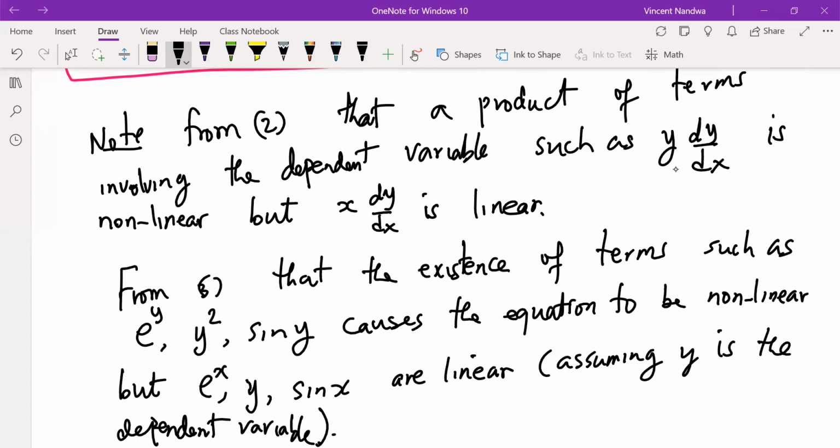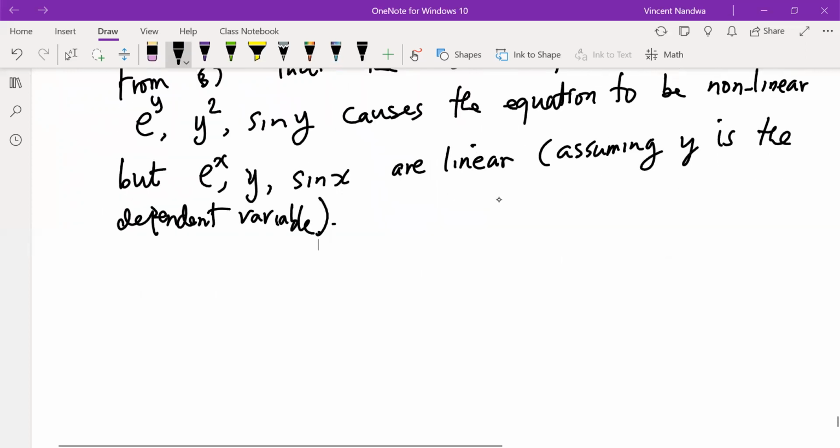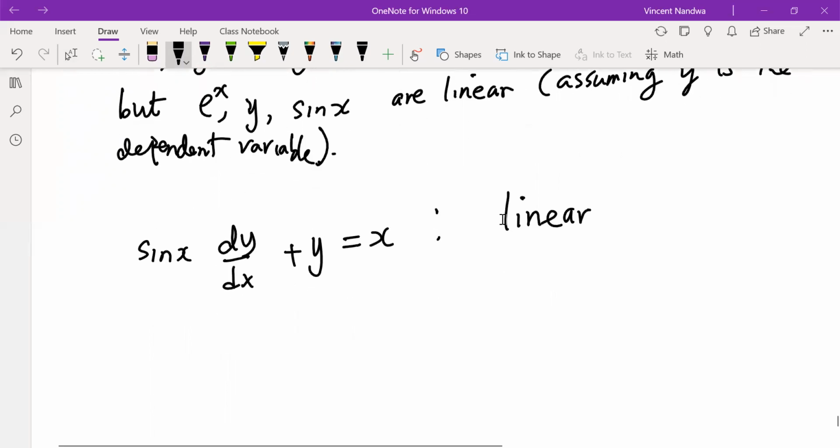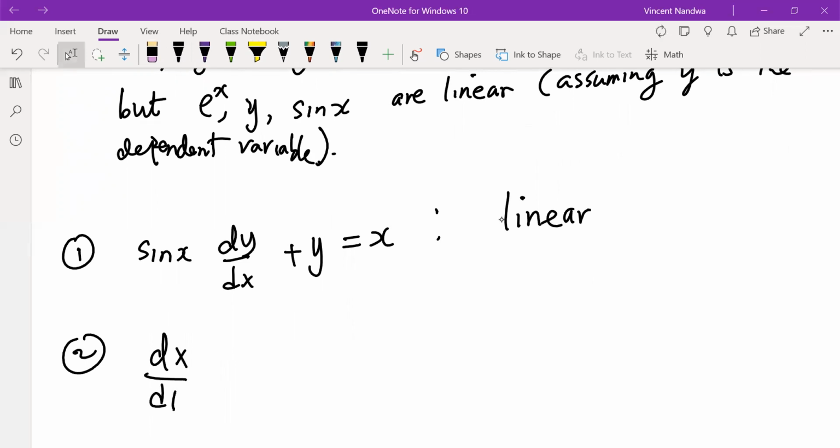So with this summary, if we have an equation like sine x dy/dx plus y equals x, we see that here the dependent variable is y, so this is linear. And then number 2, if we have dx/dt plus x equals t cubed, the dependent variable here is x, so this is also linear.